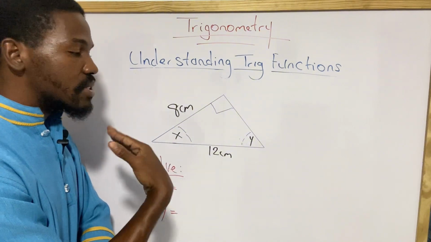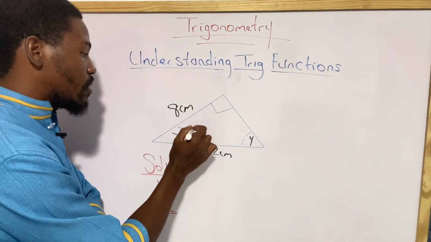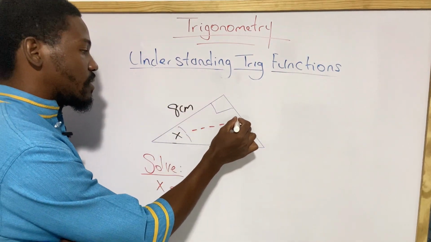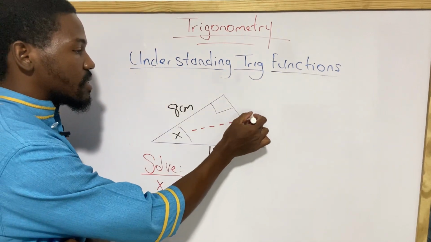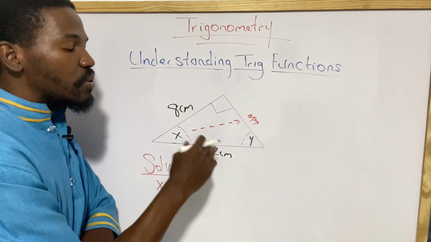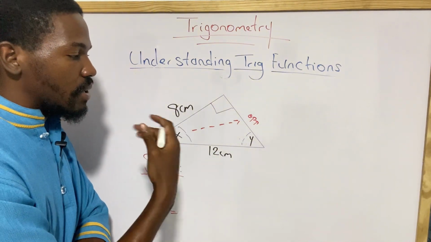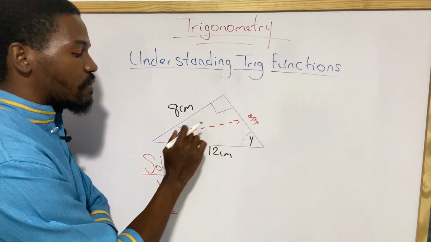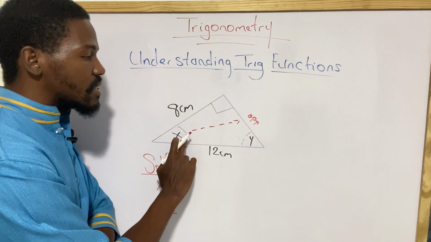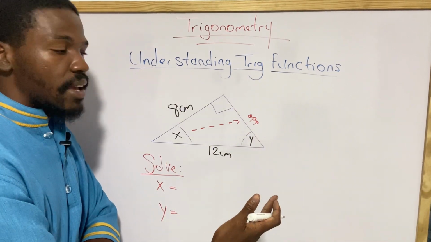Now, I'm going to start off with solving X. If you look, when it comes to X, the side that is opposite to X is this side right here, in which we have no value. If we had a value, we could have used sine, but because the value of the opposite is not present, we cannot use sine to solve this.